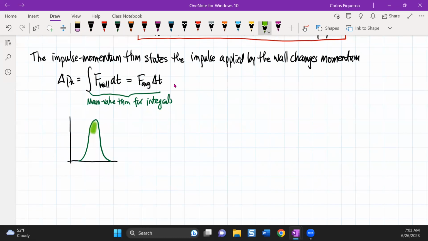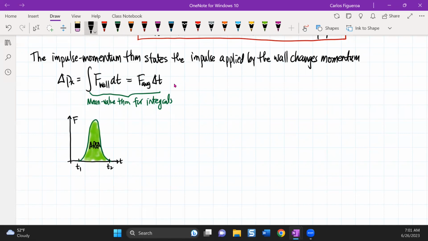And if I look at the area of this, that integral tells me about the area. This is the area of that impulse integral, where this is T1, that's T2, and of course, that's the force right there.